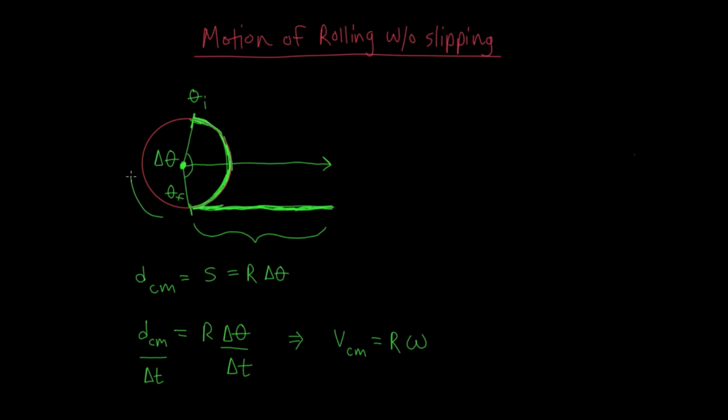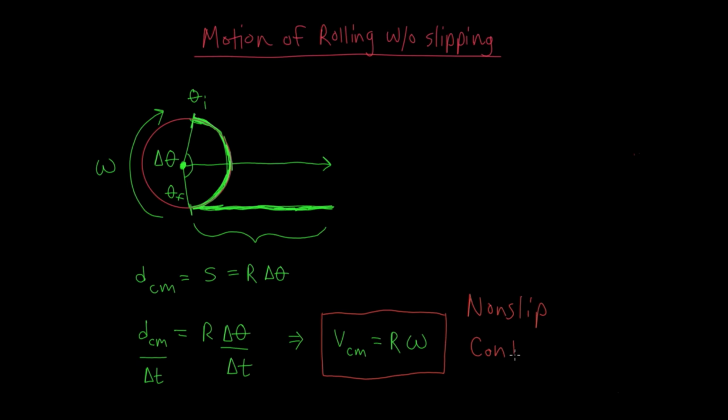Since the ball is rolling forward, it's going to rotate, and so it's going to have an angular velocity, which is denoted with this omega. And so this condition that we have right here, that the velocity of the center of mass is equal to the radius times the angular velocity, this condition is known as the non-slip condition.